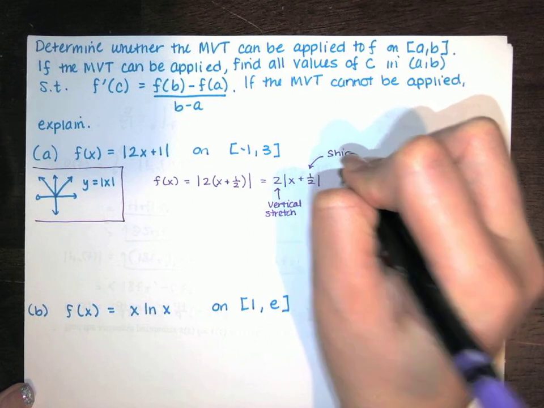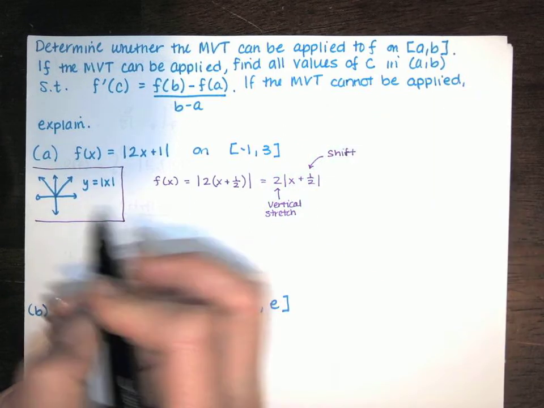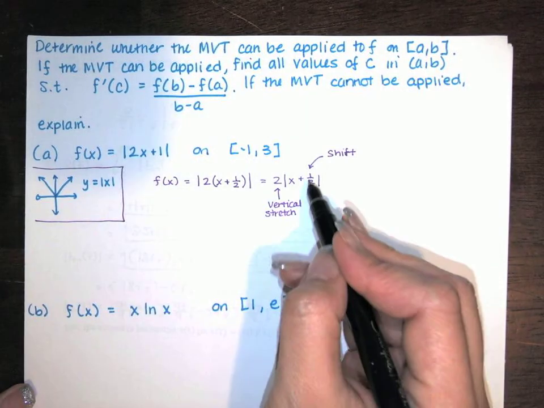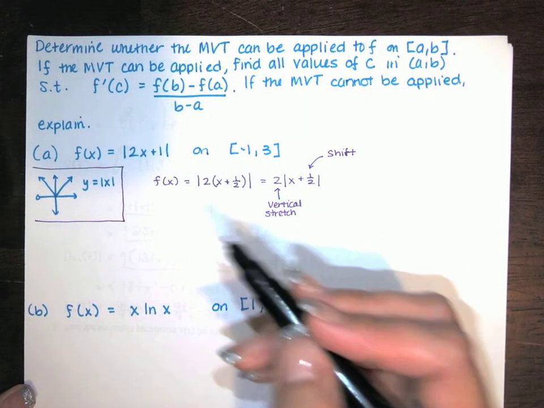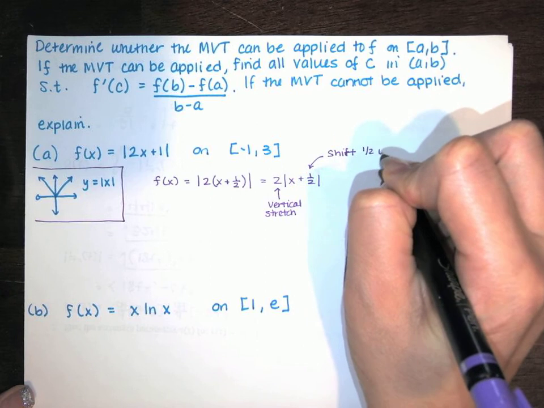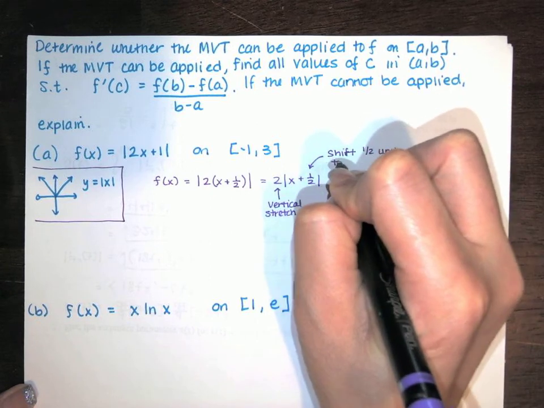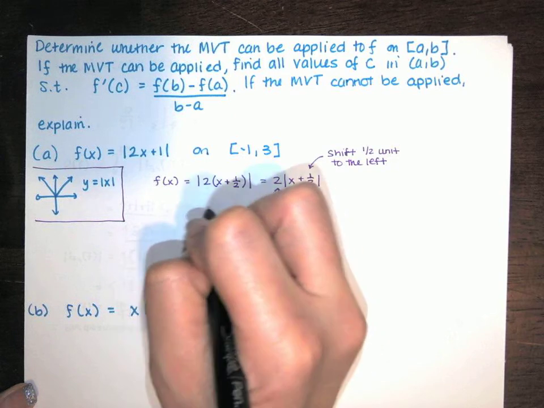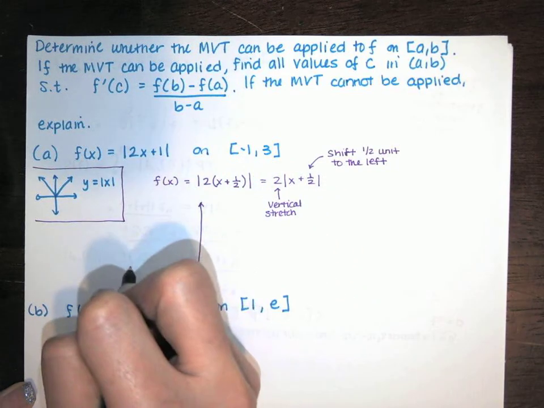We take the y equals absolute value of x graph and we shift 1/2 of a unit to the left. So this graph looks like this.